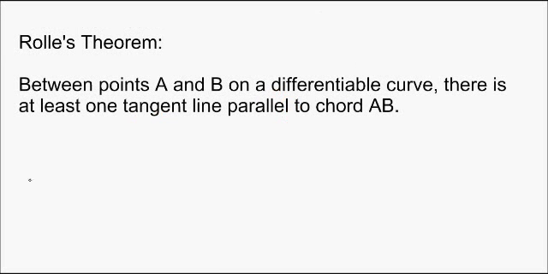Rolle's theorem is related to the mean value theorem. It says that between points A and B on a differentiable curve, there is at least one tangent line parallel to chord AB. That is in your book, more on that on page 186.